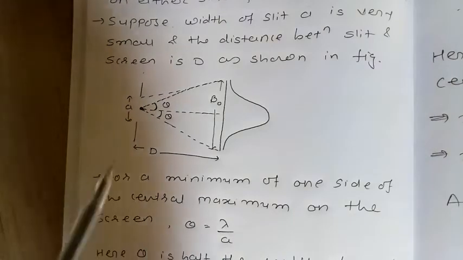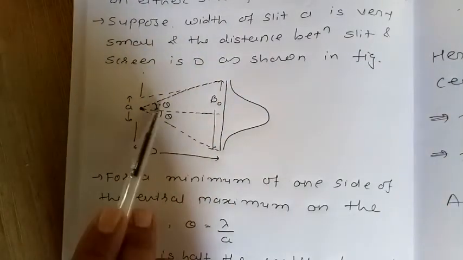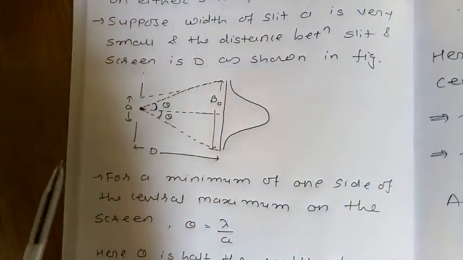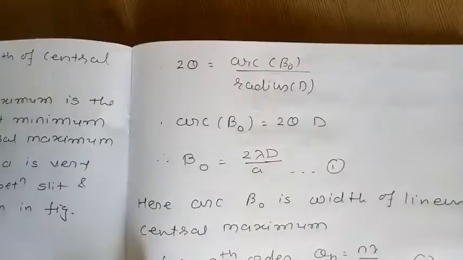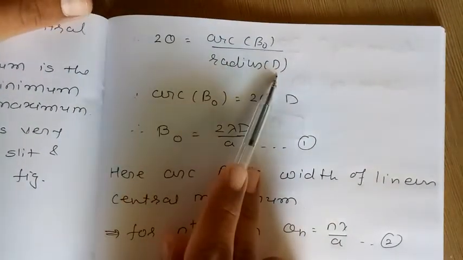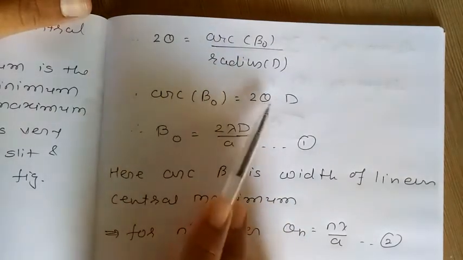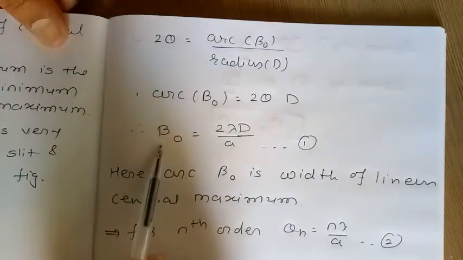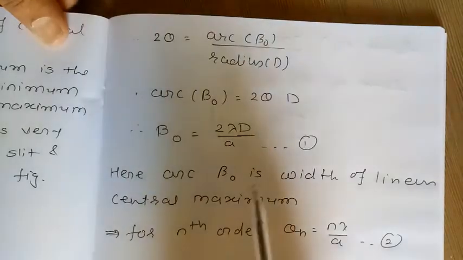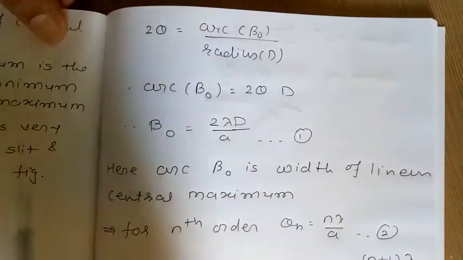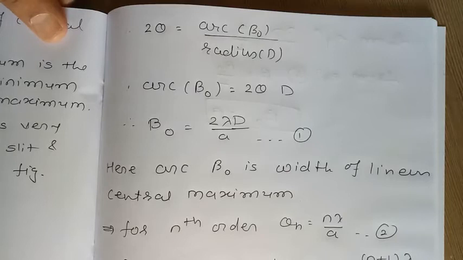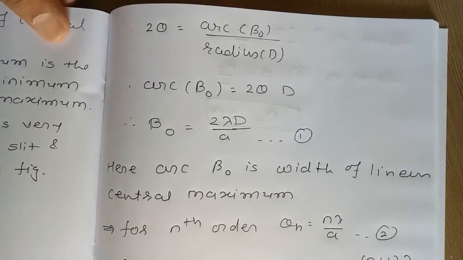Now again we know that plane angle, here theta plus theta, 2 theta, is equal to arc beta 0 upon radius capital D. So arc beta 0 is 2 theta into capital D. So beta 0 is 2 lambda by a into D. Here this arc beta 0 is known as the linear width, right?